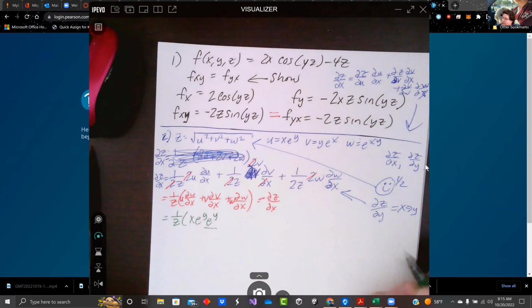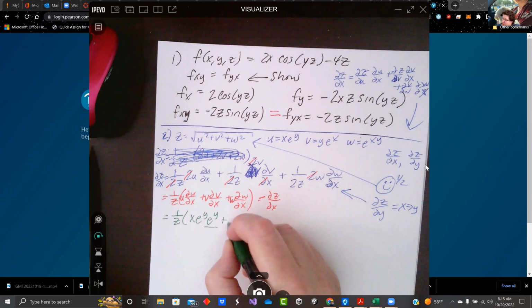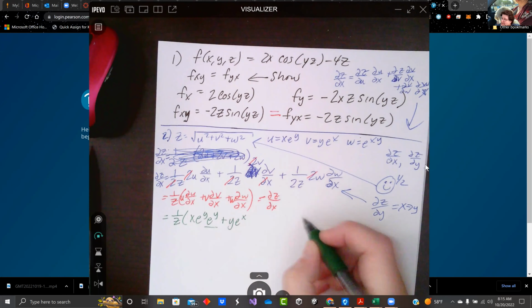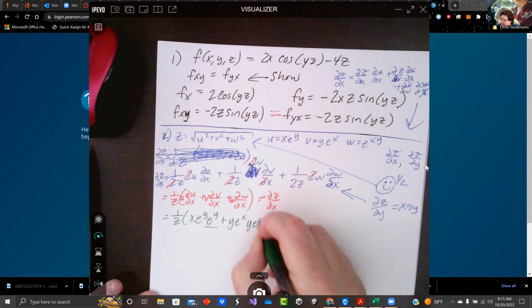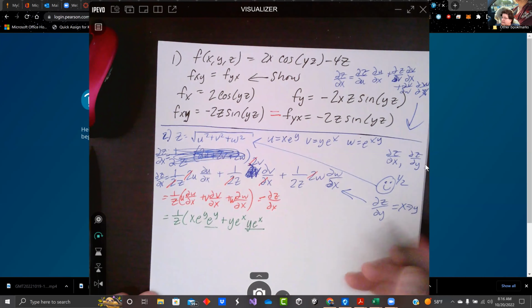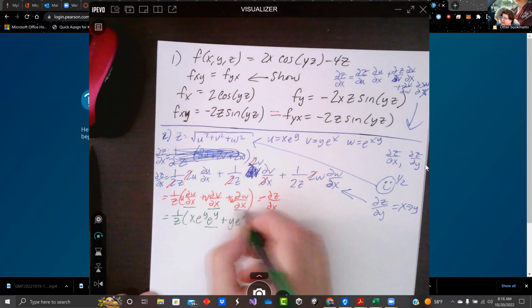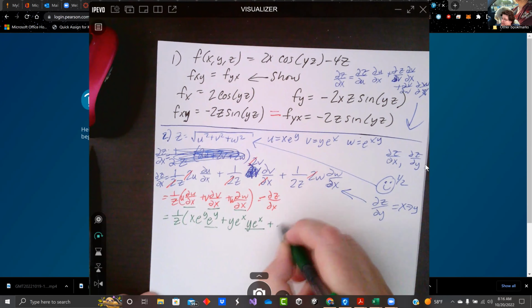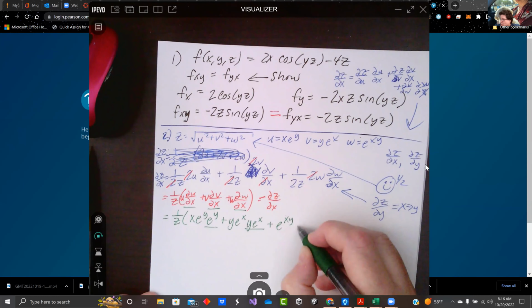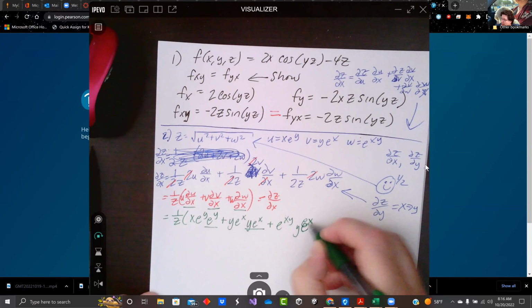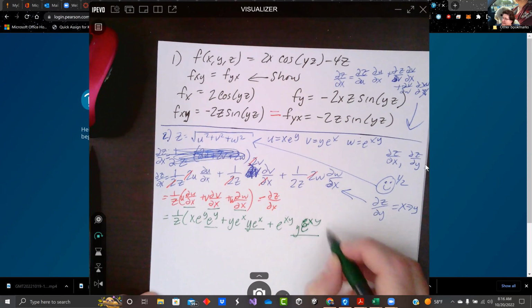Plus v is y e to the x, and dv dx is another y e to the x. And then w is e to the xy, and dw dx is y e to the xy.